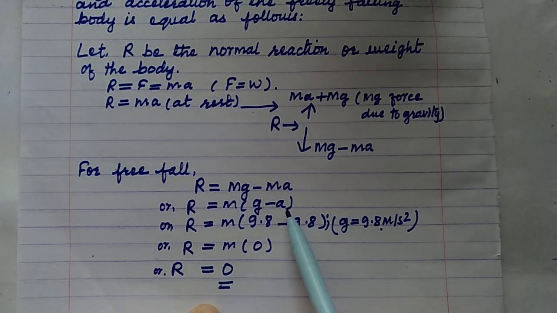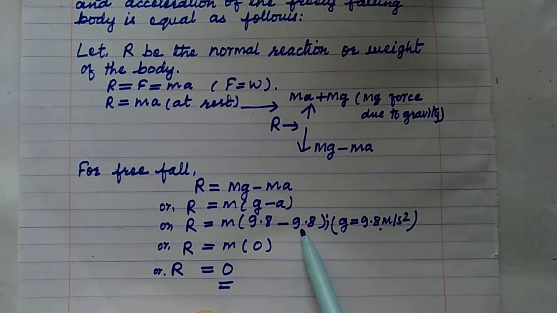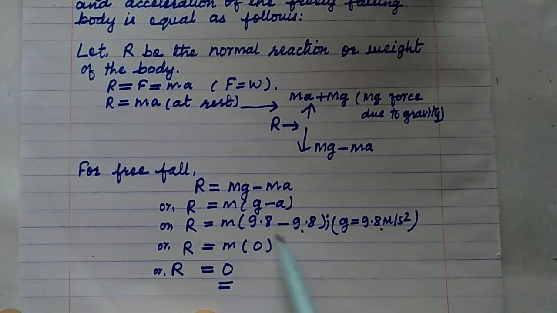But the acceleration of the freely falling body, its own acceleration, is also equal to this acceleration due to gravity. These two values are the same, so this is also 9.8 meter per second square. So the difference in these two will be 0. And 0 multiplied with m will be 0. That is why reaction force is 0 in free fall condition. Because of this reason, apparent weight of a freely falling object is 0. You can understand it this way.